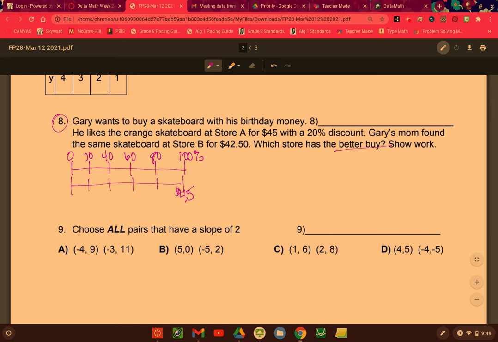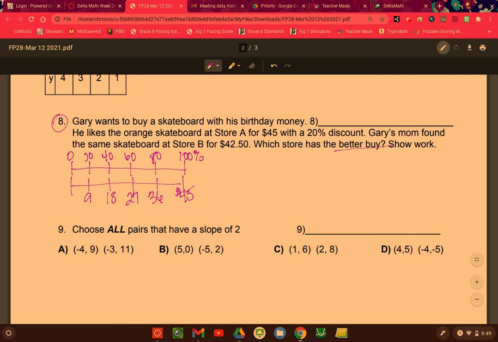So how much is each part worth? 5, 10, 15, 20, 25, 30, 35, 40, 45. So I think I just got 9. So 9 and then 18. 9 times 3 is 27. And 9 times 4 is 36.